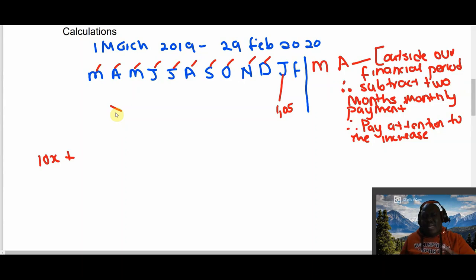Now we want to find out how many months was the rent increased by that particular percentage. How many months did we then pay 1.05?